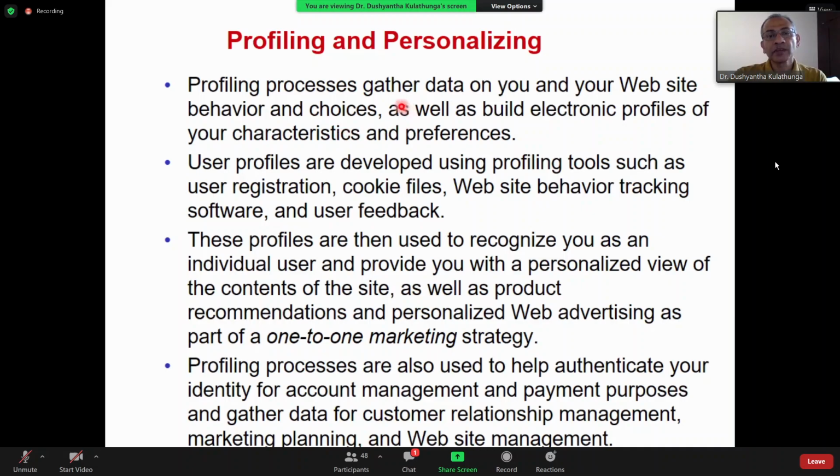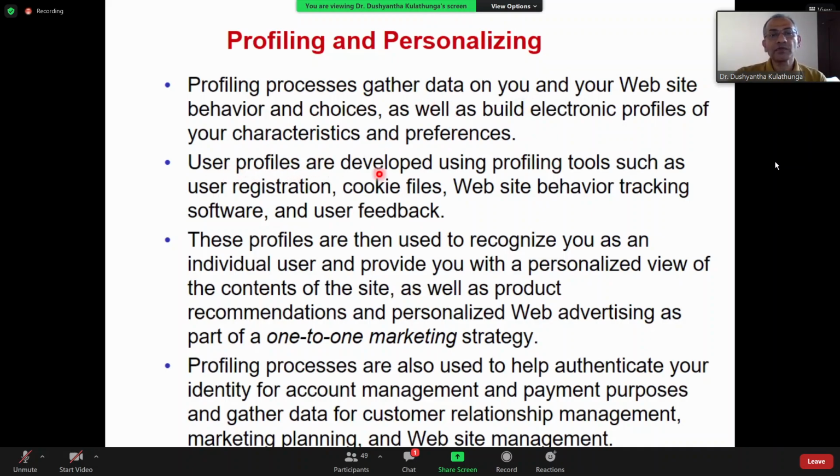A profile is basically a file consisting of information in relation to the individual characteristics and preferences of those users. The file can then be utilized by the organization for different purposes, indicating the behavior, preferences or choices of individual users, especially for marketing purposes.